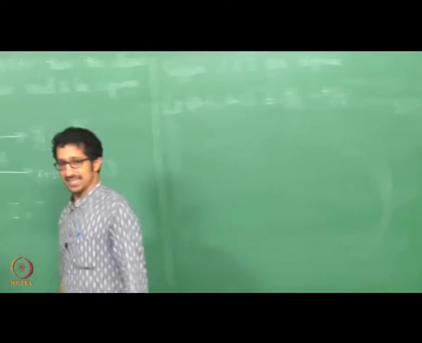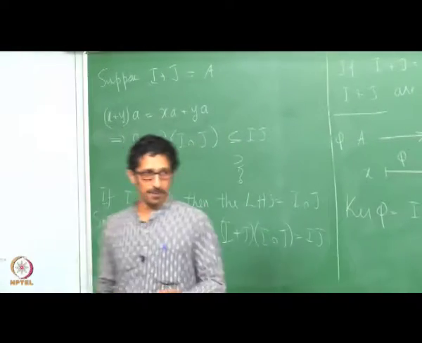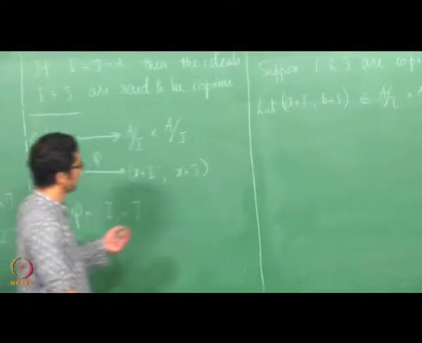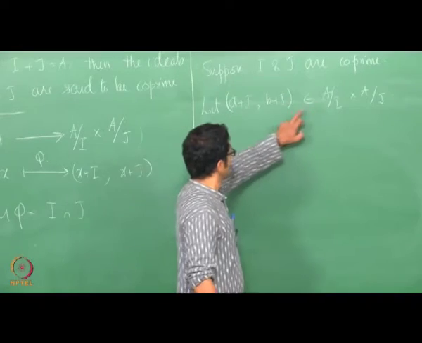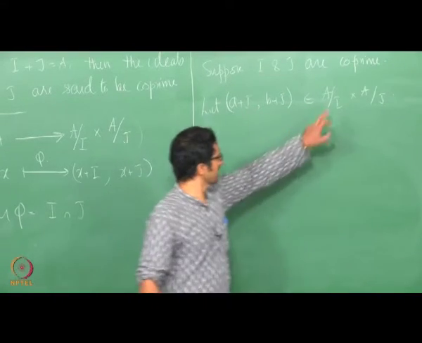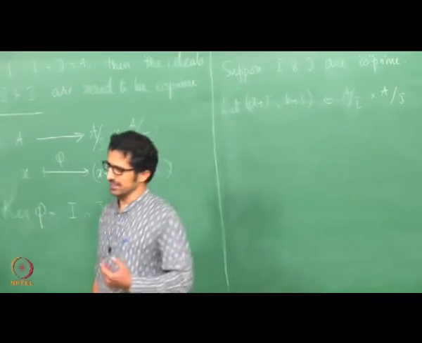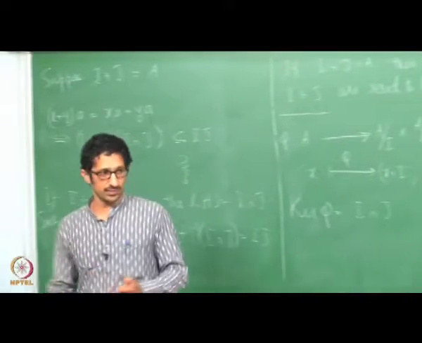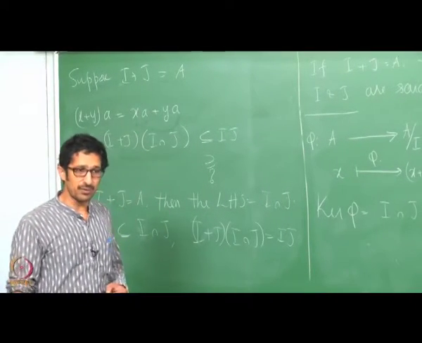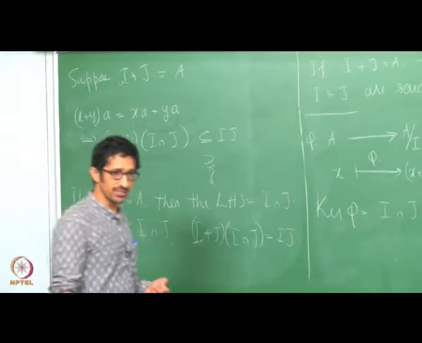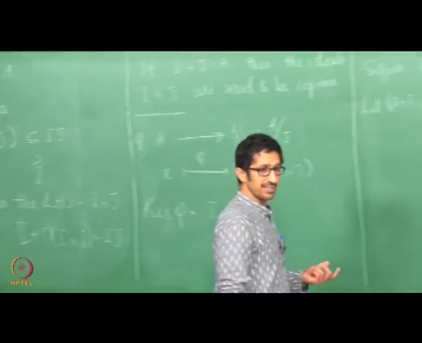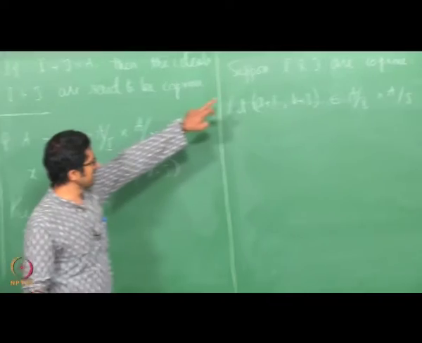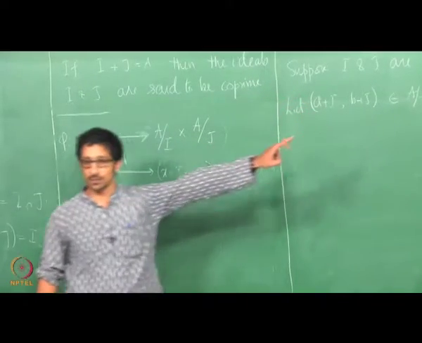I want to say that there exists an x in A such that x is congruent to A mod I and x is congruent to B mod j. How do I look for that?